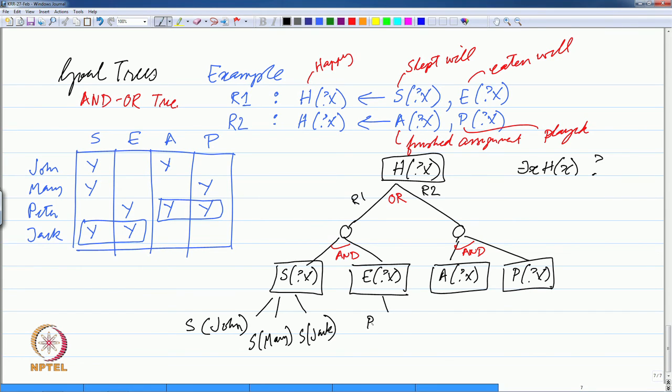So, Peter is true and Jack is true. For assignment, John is true and Peter is true, and for playing, Mary is true and Peter is true.